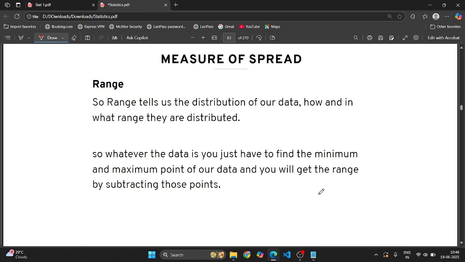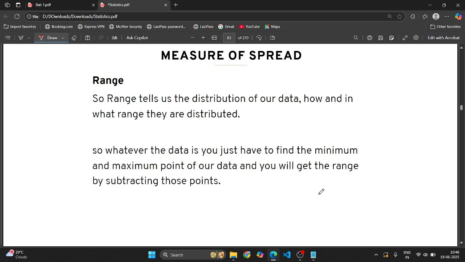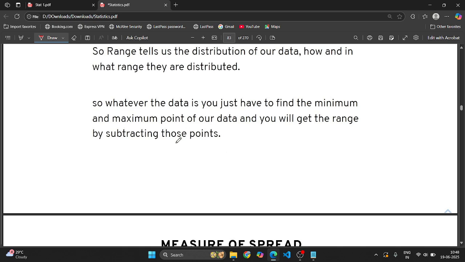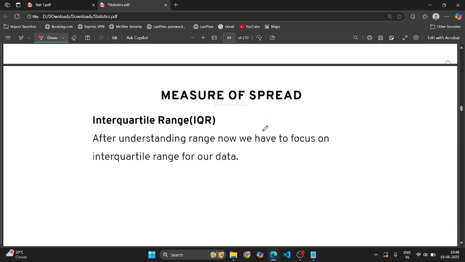So the range tells us how our data is distributed, in what range it is spread. Whatever the data is, you just have to find the minimum and maximum points of our data, and you will get the range by subtracting those points.